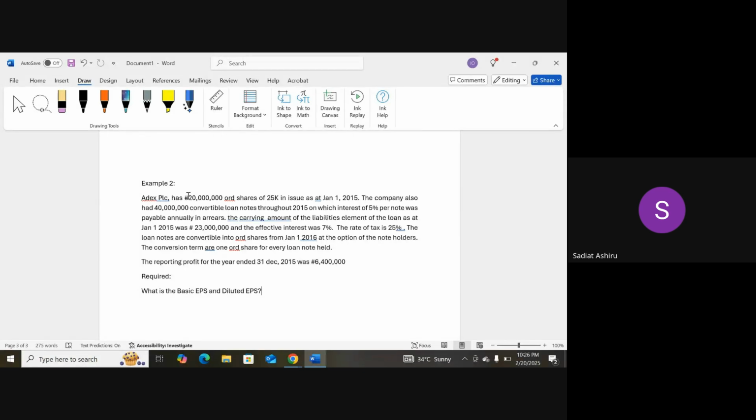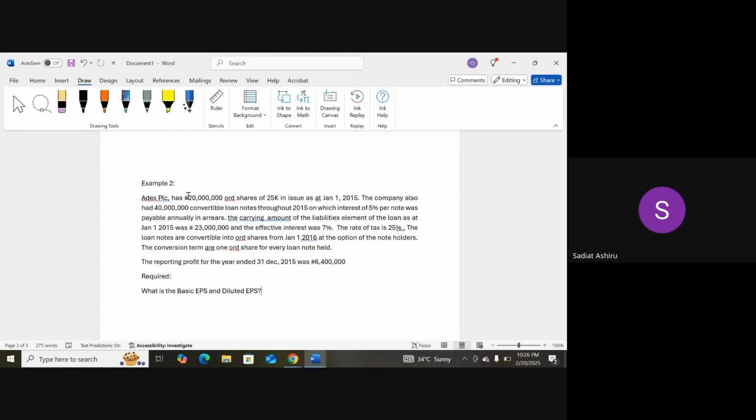The carrying amount of the liability element of the loan note as at January 1st, 2015 was 23 million, and the effective interest was 7%. The rate of tax is 25%. The loan notes are convertible into ordinary shares from January 1st, 2016 at the option of the note holders.